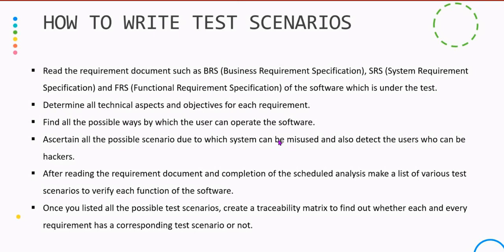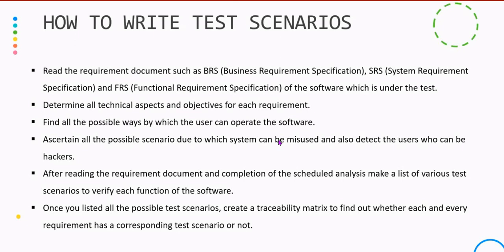So, how to write a test scenario? It is by reading and analyzing the requirement document given to a tester. It can be a business requirement specification, SRS, system requirement specification, or functional requirement specification of the software. Also we will look into technical aspects and objectives of each requirement mentioned.